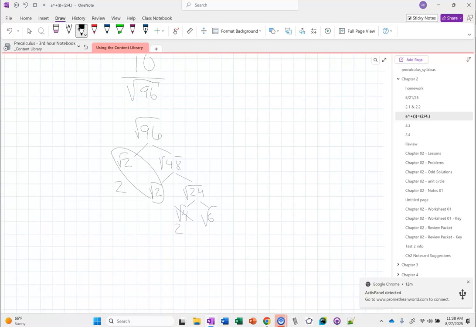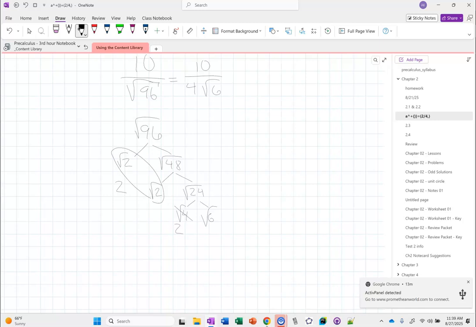So this is going to simplify to 2 times root 6, or 4 root 6. Wait, why wouldn't it be 2 root 6? Well, I have 2 times 2 times root 6. Gotta make sure I get them all, right? Everybody's good? Okay.